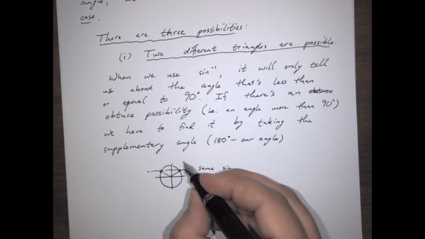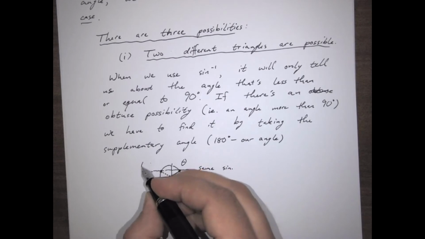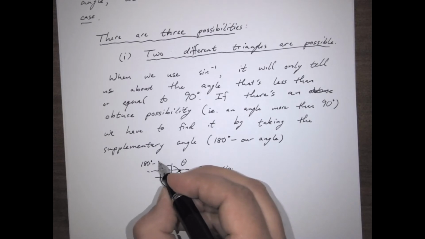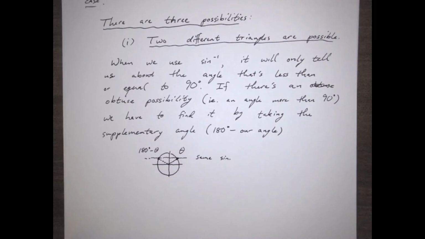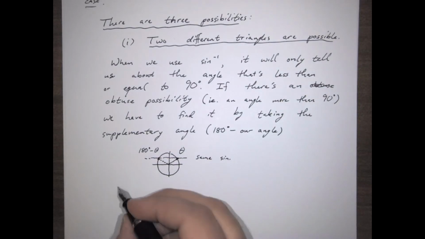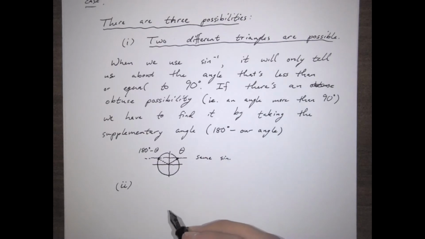And if this is theta, this would be 180 degrees minus theta. So we always have to consider this possibility when we are using the law of sines to find an angle. Not when we're finding a side, but when we're finding an angle. Okay, so that's possibility 1.